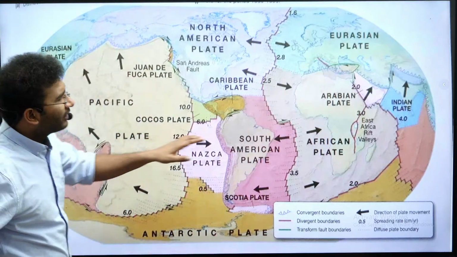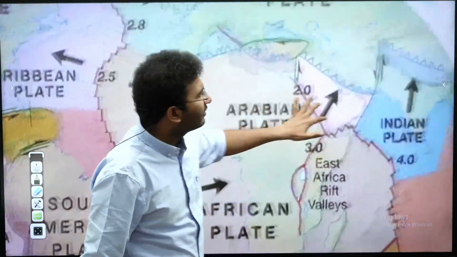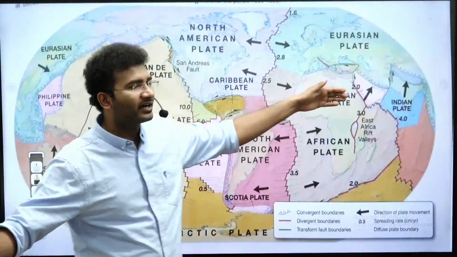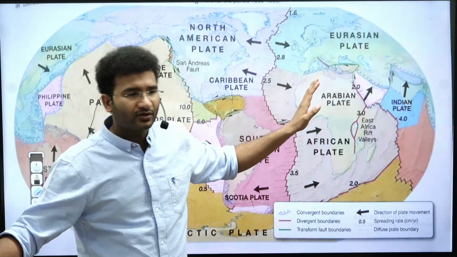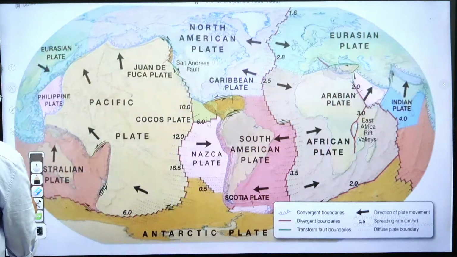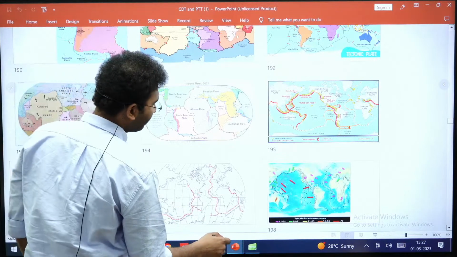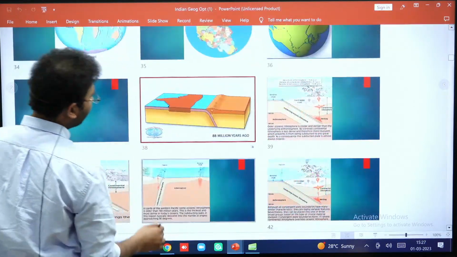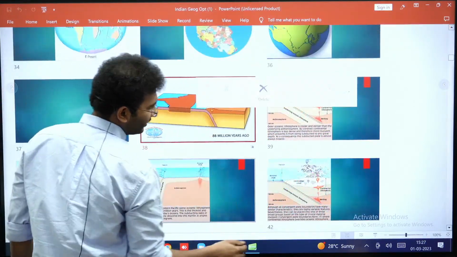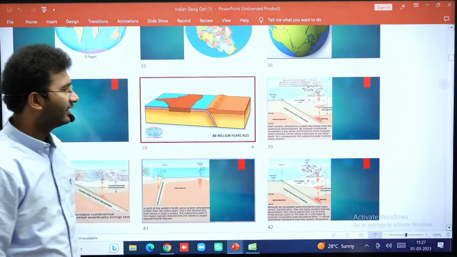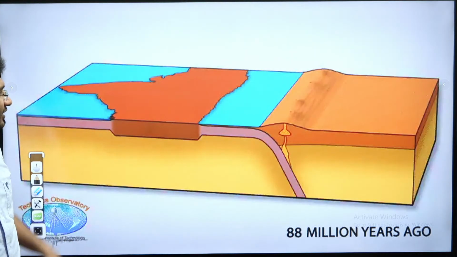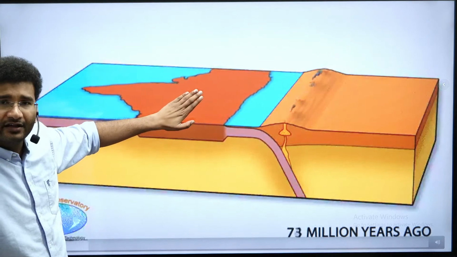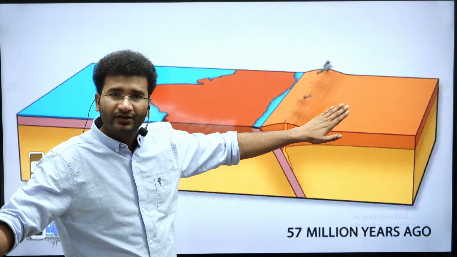Now let us popularly take the example of the Indian and Chinese plate and try to understand this as a case study. Everyone knows there is the Indian plate and there is also a Chinese plate. The plate movement of India is like this. Imagine this is our Indian plate and this is your Eurasian plate.